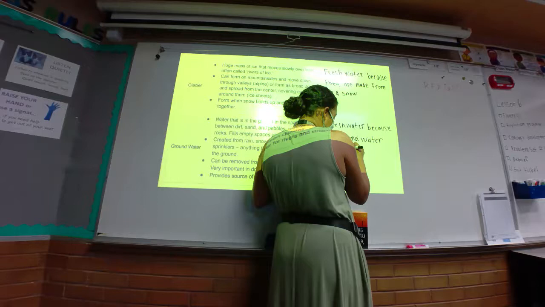Oh, so is this it? The white one? So what do I have to put? Put that name right there. Snow? No, glacier. Right here. You have your pencil. No, you have to write it right there.